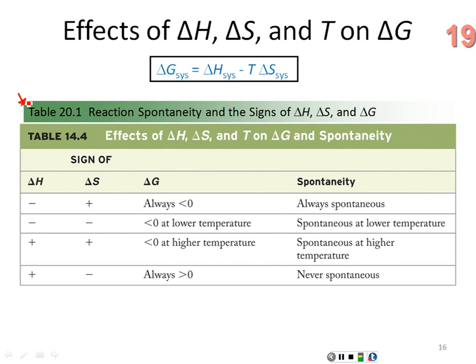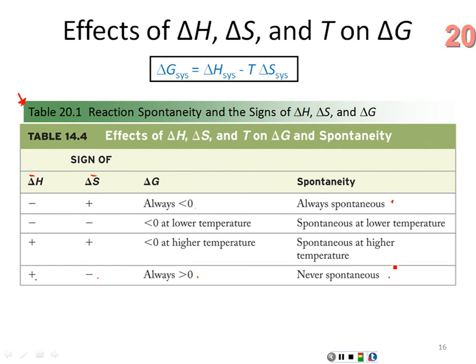So if we look at the signs of delta H and delta S, if delta H is negative, delta S is positive, we're always going to have a delta G that's negative. It's always going to be spontaneous. Conversely, if we have delta H positive, delta S negative, delta G is always going to be positive, and this will never be spontaneous.